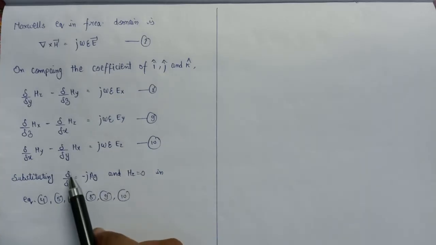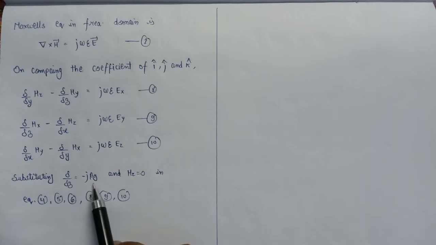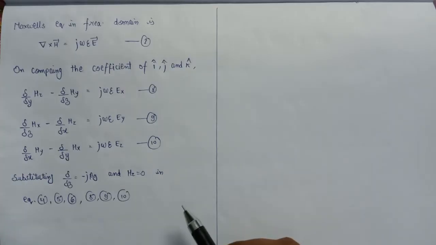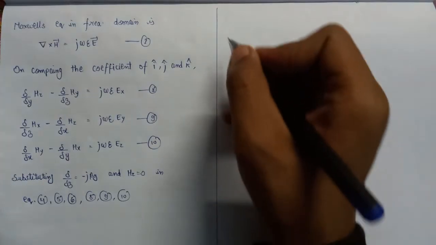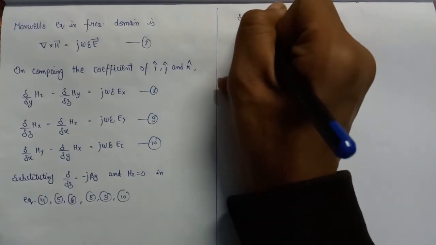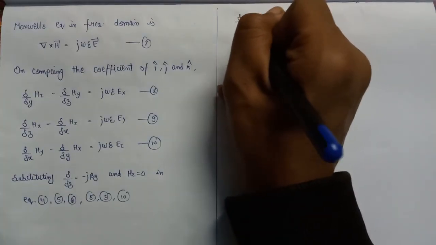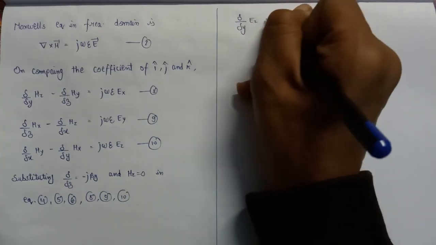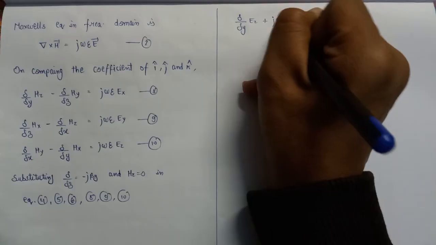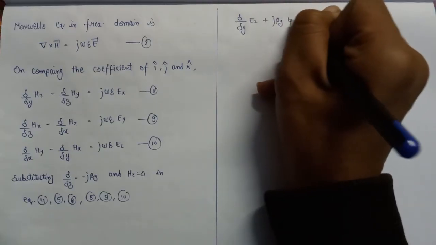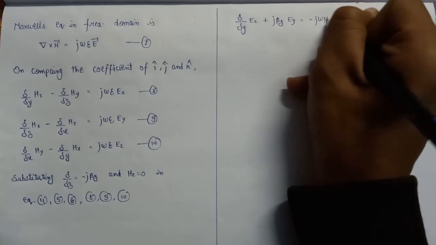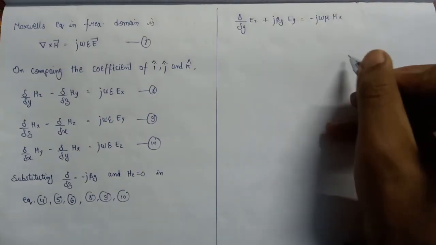After substituting del over del z equals to minus j beta g and Hz equals to 0 in these equations, we get our modified equation as del over del y of Ez plus j beta g into Ey equals to j omega mu into Hx.